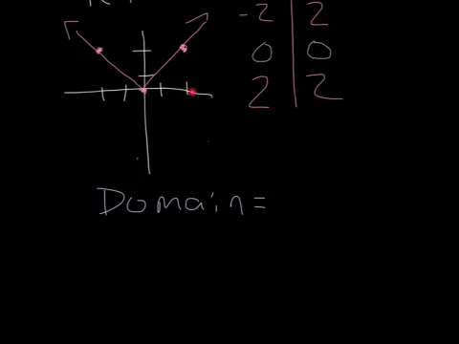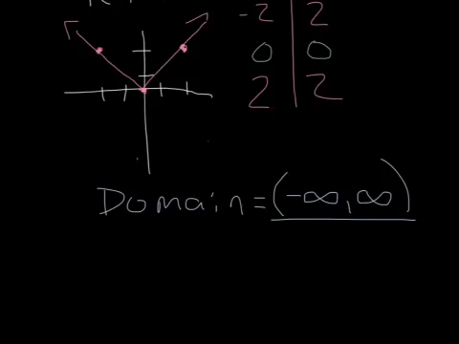No matter what x value I pick, I can always go up and cross the graph. So my domain here is going to be negative infinity to positive infinity. And this is how we write that. Negative infinity to positive infinity. That means any x value we choose, that can be included in the graph.